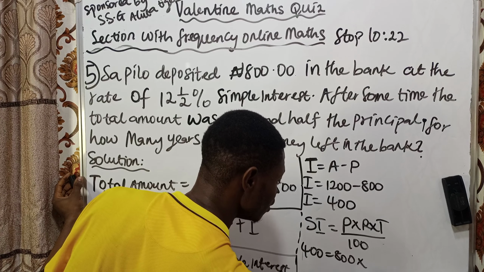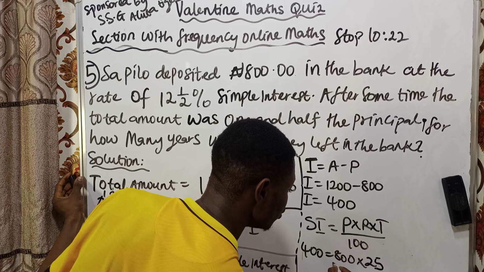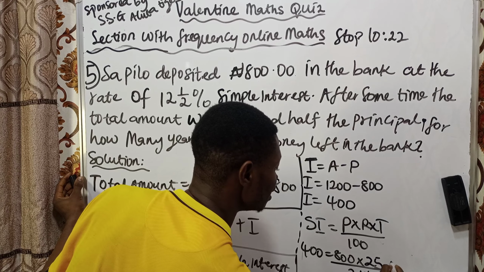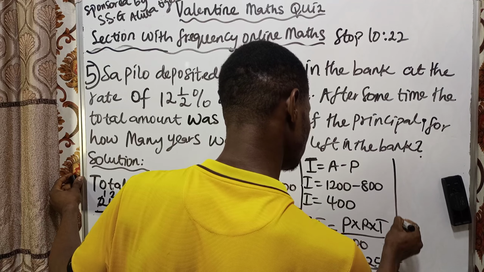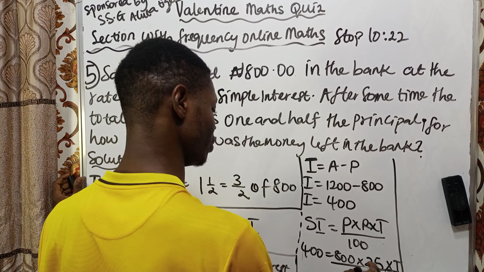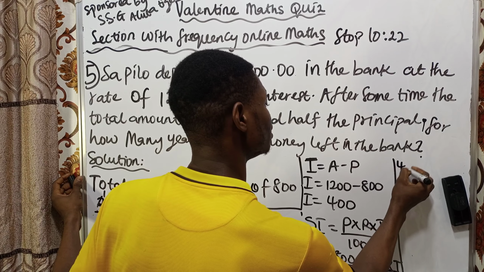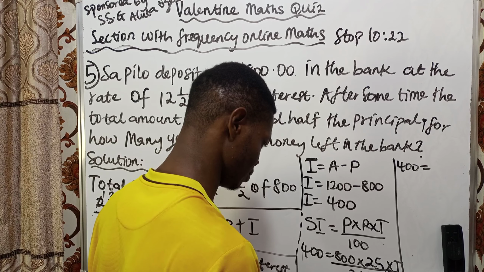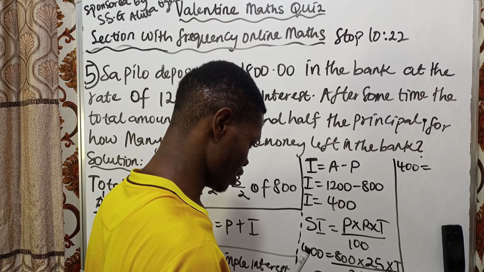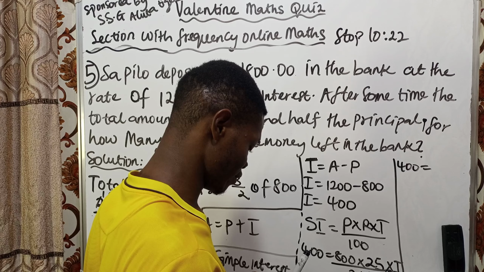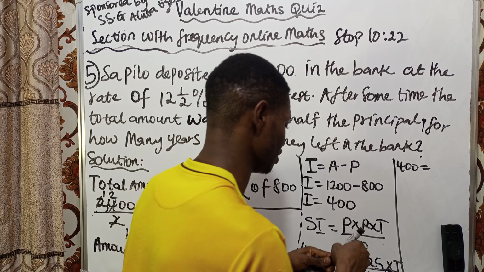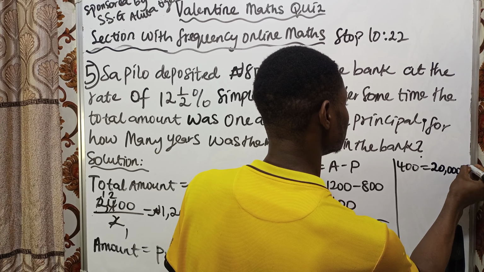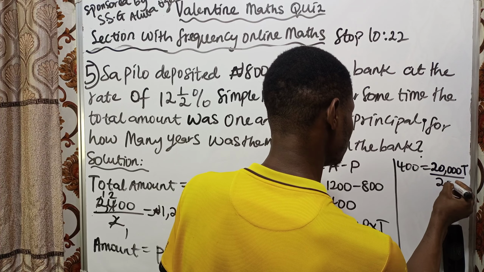So 400 is equal to 800 times 25 over 2 times 100, then times T. 800 times 25 will give me 20,000, so we have 20,000 T all over 200.